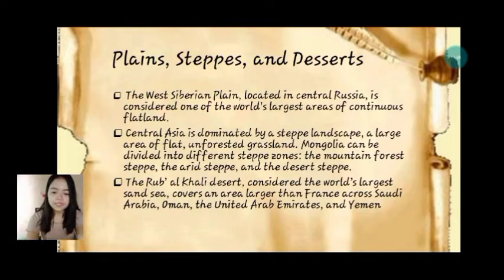So lastly, the Rub' al Khali desert, considered the world's largest sand sea, covers an area larger than France across Saudi Arabia, Oman, the United Arab Emirates and Yemen. It holds roughly as much sand as the Sahara Desert in Africa, even though it is 15 times smaller in size.